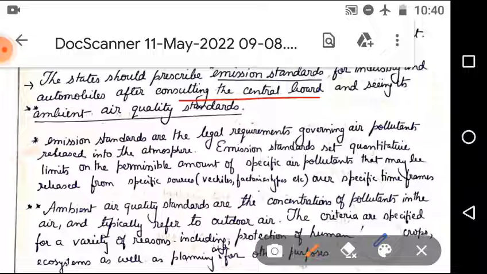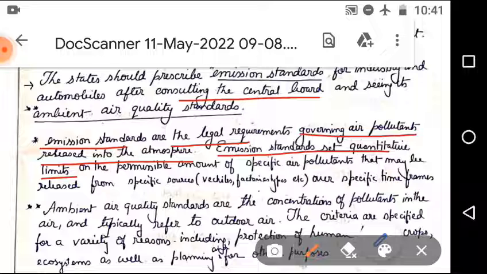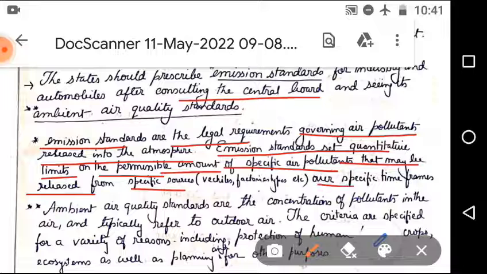So, emission standards are legal requirements governing air pollutants released to the atmosphere. Emission standard means what is required to control the air pollutants in the atmosphere. Emission standards set up quantitative limits on the permissible amount of specific air pollutants that may be released from a specific source over specific time frames.